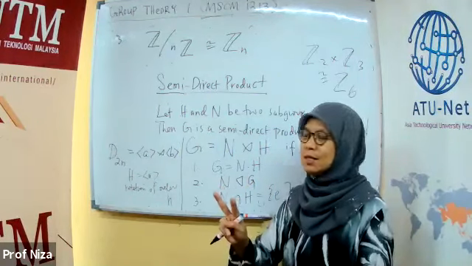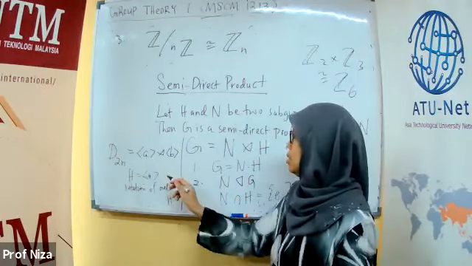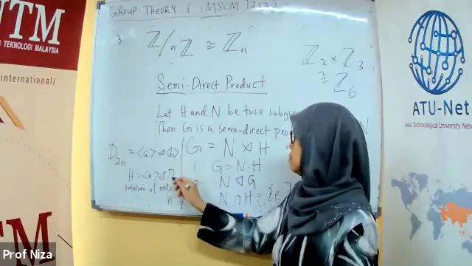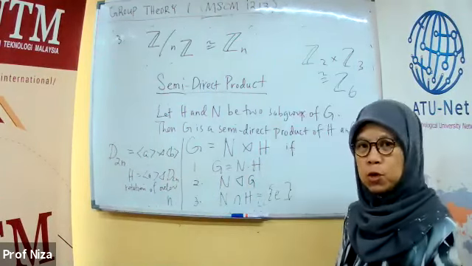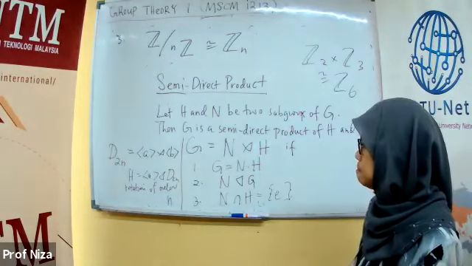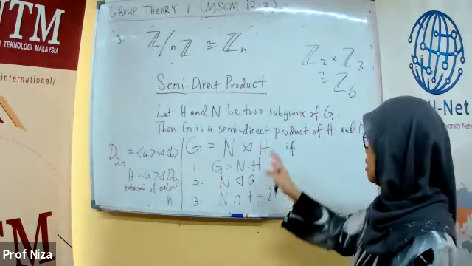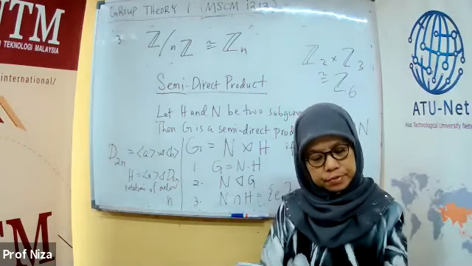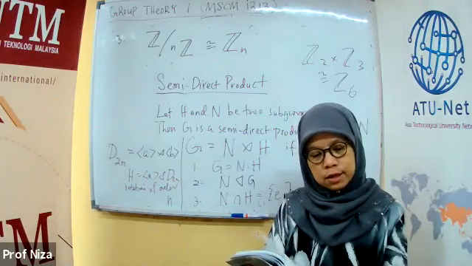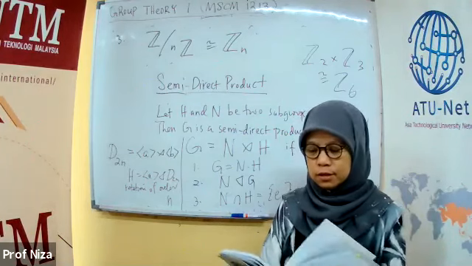So it's normal, right? So this is the normal one. This is the other one, the reflection one, which is not normal. That's an example of a semi-direct product. Okay, I will stop here.